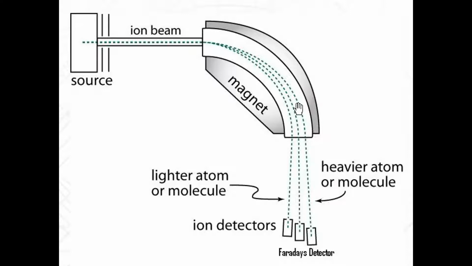Assuming that these are positively charged ions, can someone tell me which direction the magnetic field is oriented? See if you can figure this out. Right-hand rule. Everyone think about this right-hand rule.